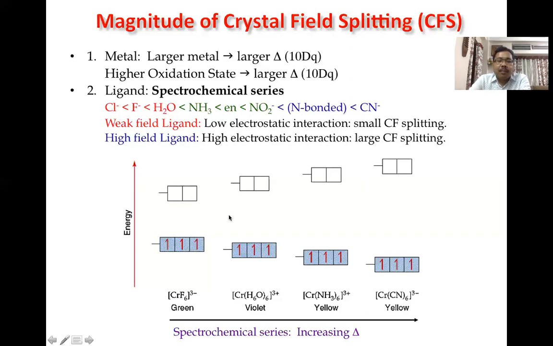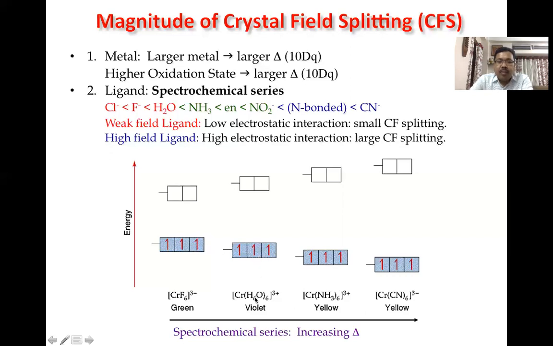So here is an example. You can see CrF6 3 minus. This complex has 3 electrons in its outermost d orbital. These 3 electrons will occupy the lower lying orbitals, all singly filled.